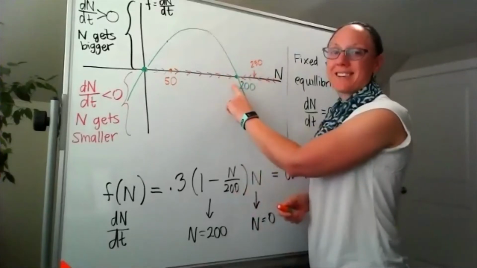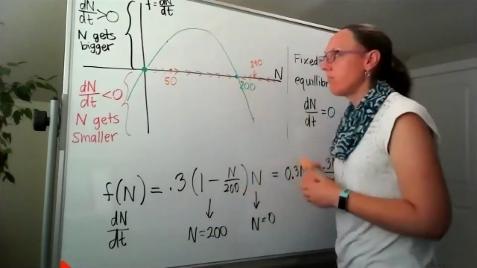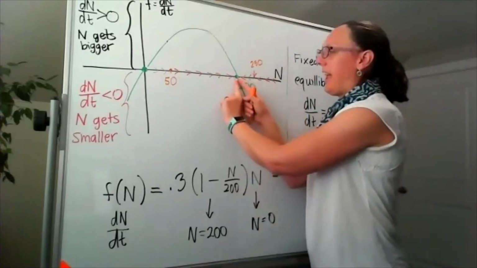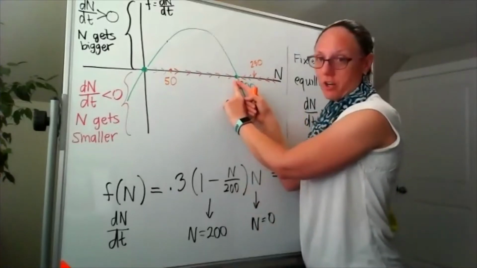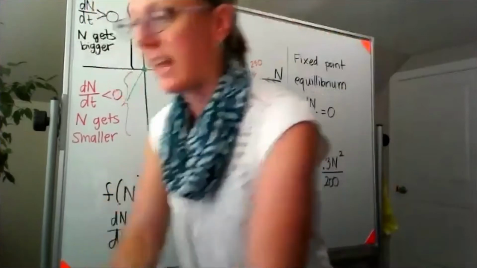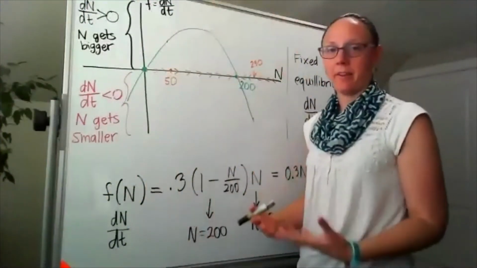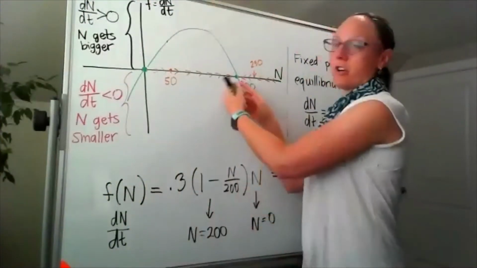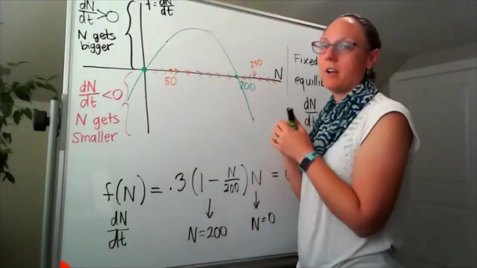We call this a stable equilibrium because of a small perturbation, that's our mathy term for saying if something were to happen in the environment that shook us from 200 one year.